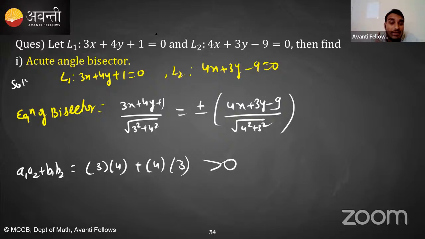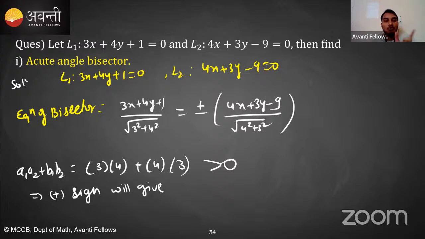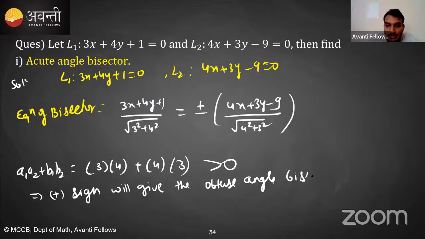So A1A2 plus B1B2 is positive. So it implies the positive sign will give the obtuse angle bisector, because taking the same sign as that of A1A2 plus B1B2 gives the obtuse angle bisector. Clear?